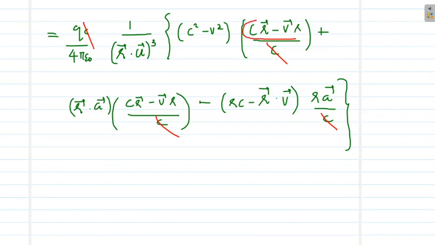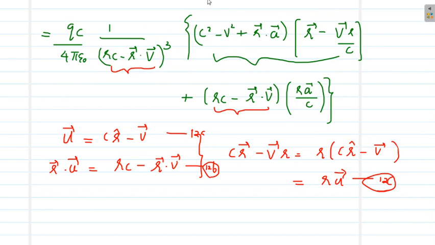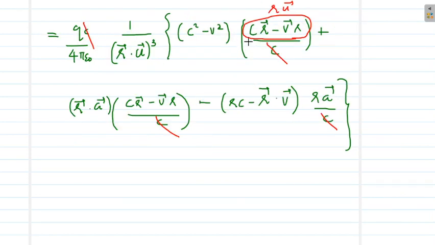We have seen that this term is simply R bar dot U bar, and this term is simply R into U bar. R into U bar is c R bar minus V bar R. So this term is R U bar. Here this term is again R U bar, and here this term is R bar dot U bar. So let us make these changes in this term.